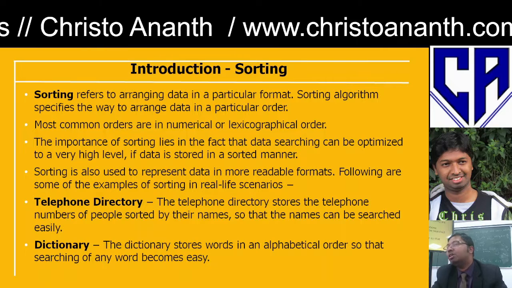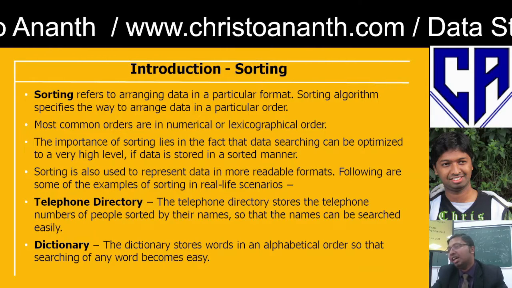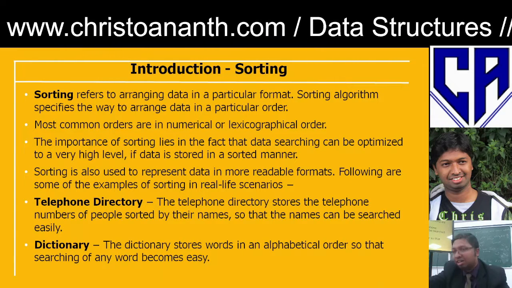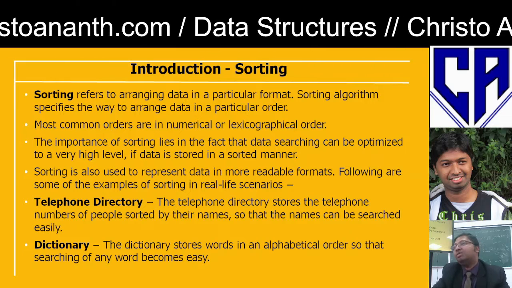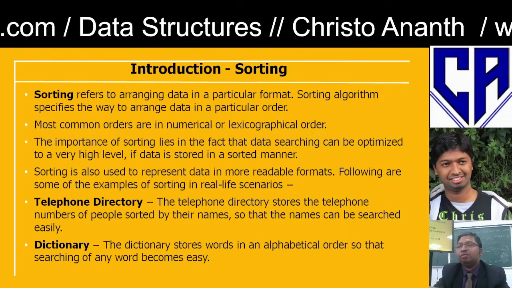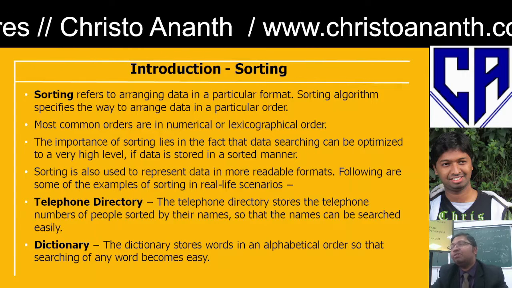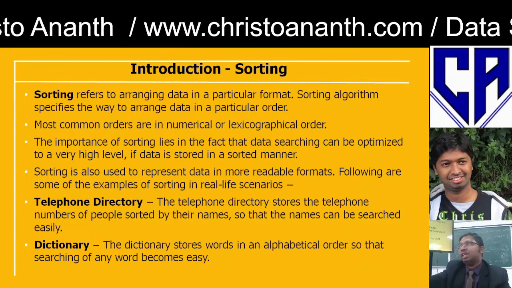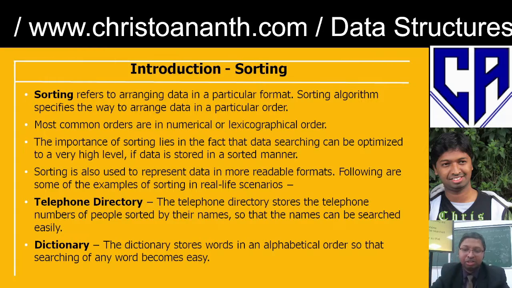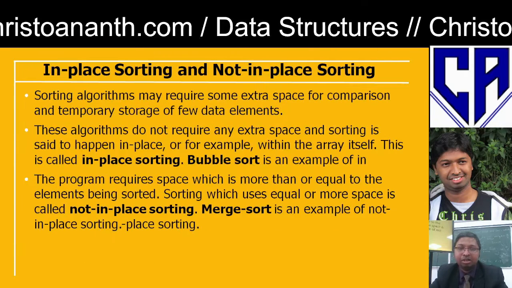So what will you do? You will search for A, then you will search for N, and accordingly you will find the word animal. If the names are not arranged, you cannot find them. Only if it is arranged can you easily find it. The same thing happens with sorting.